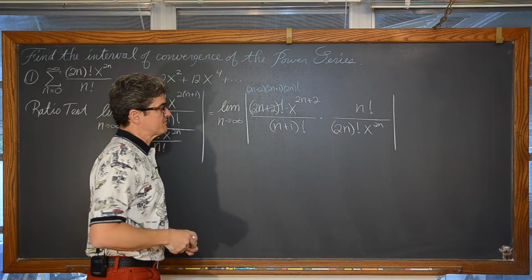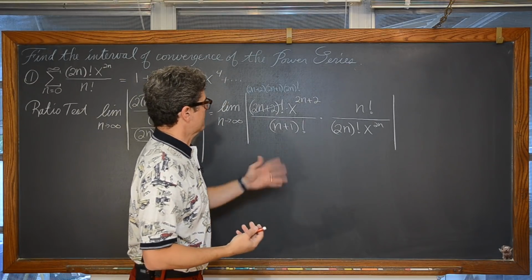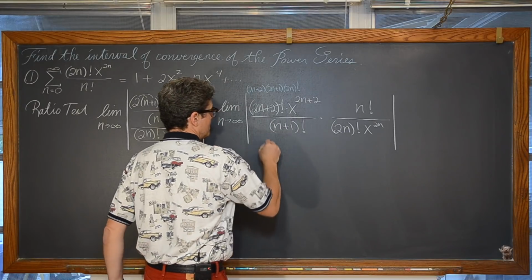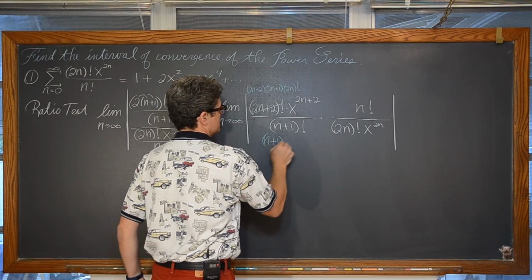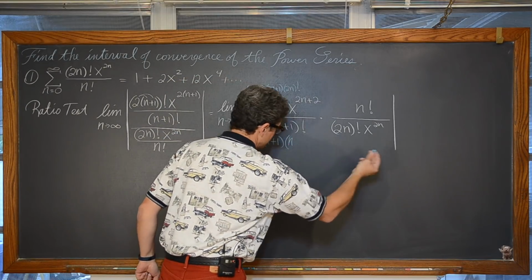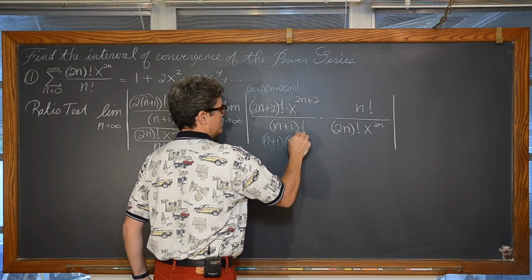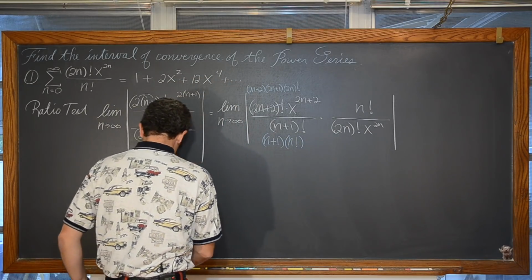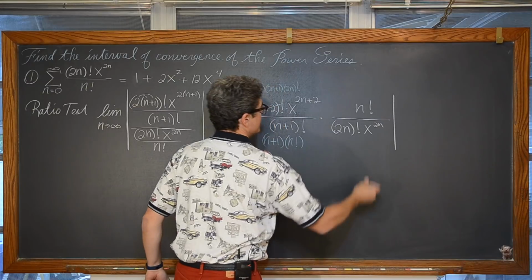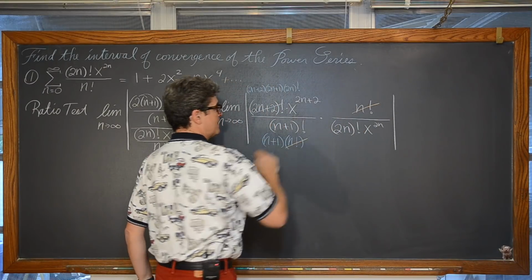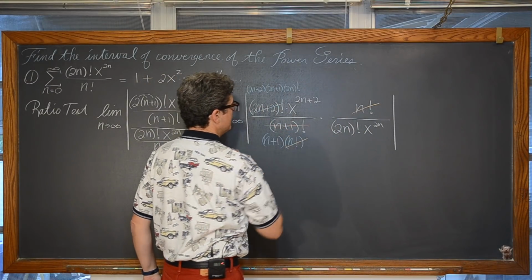And we can see all these nice factors cancel out. Oh, and of course we have down here n plus 1 times n, counting down by 1 until you get to 1, so n factorial. So we have the factors of n factorial canceling out. Well, that's been already rewritten.